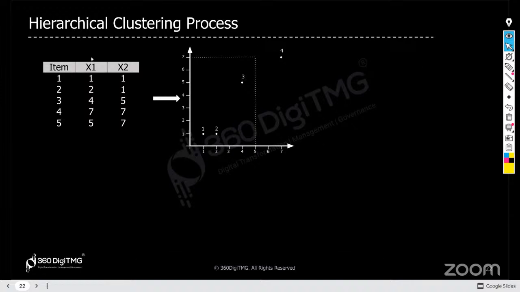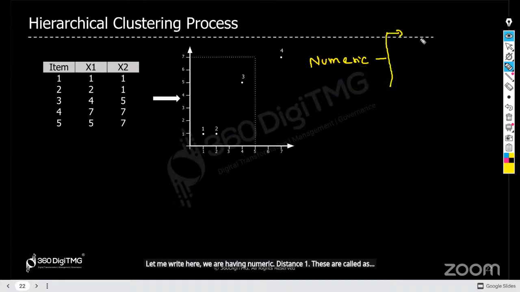If both data that we got are numerical, then we will go with a numeric distance formula. These are called Euclidean distance. You might be familiar with this.